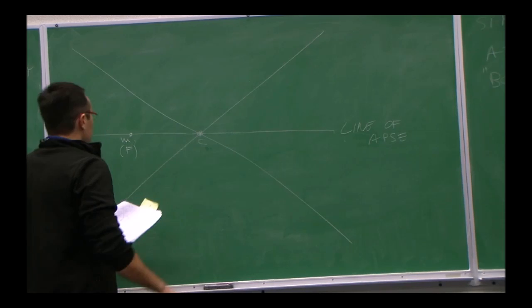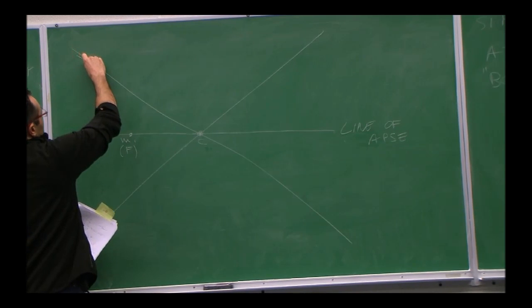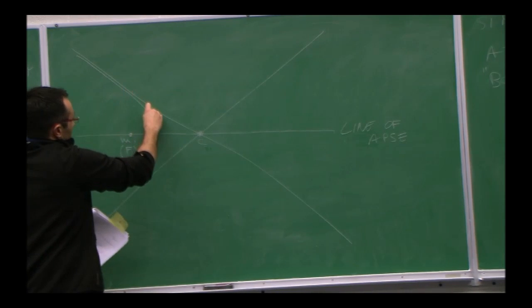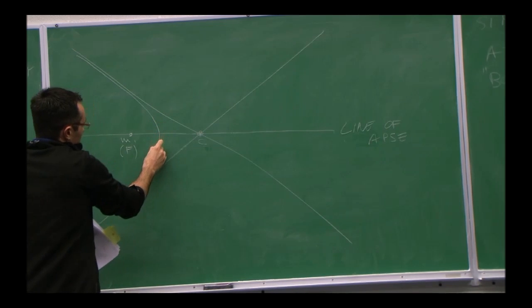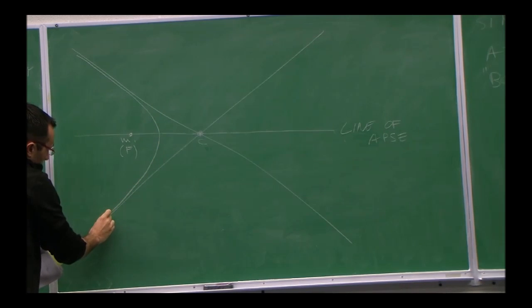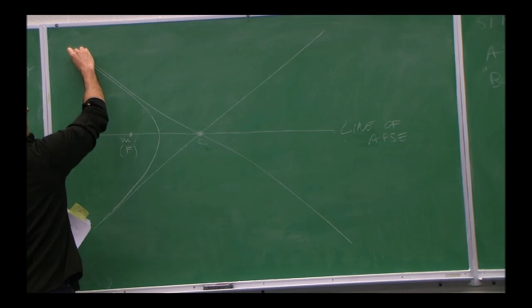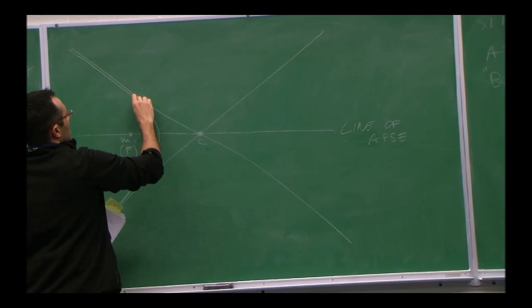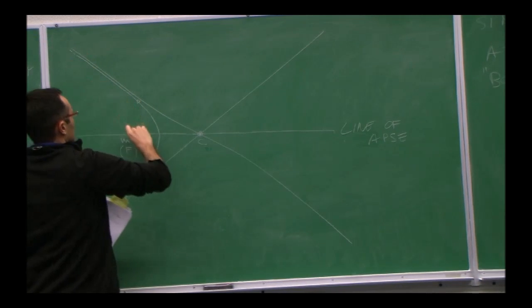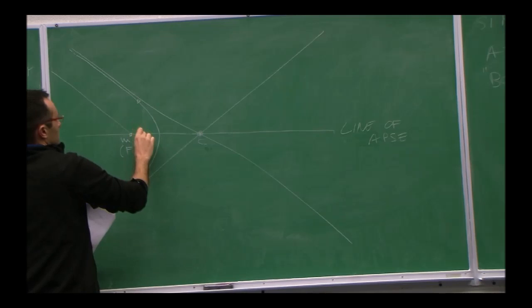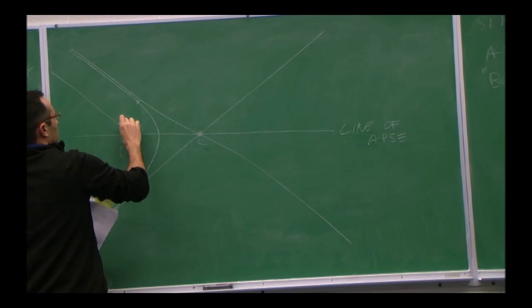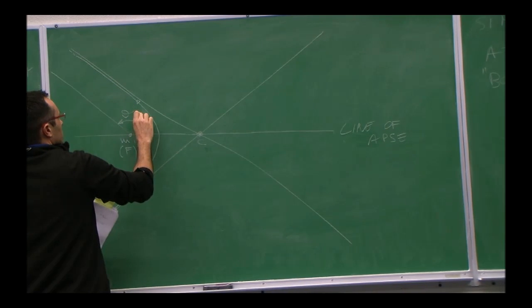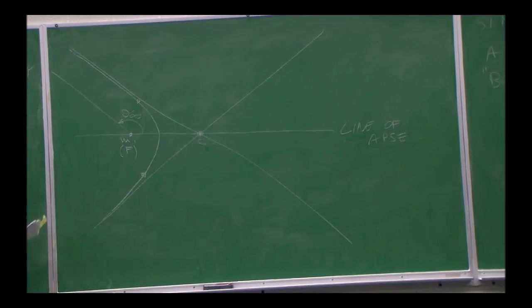Okay, so this is the real trajectory. Your satellite may be coming from somewhere down here, and it goes to infinity, and this is my angle theta infinity, right?